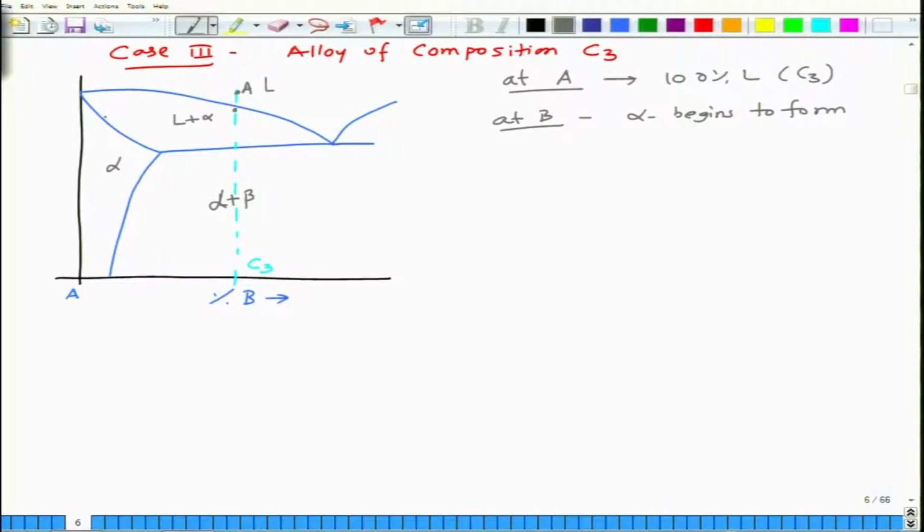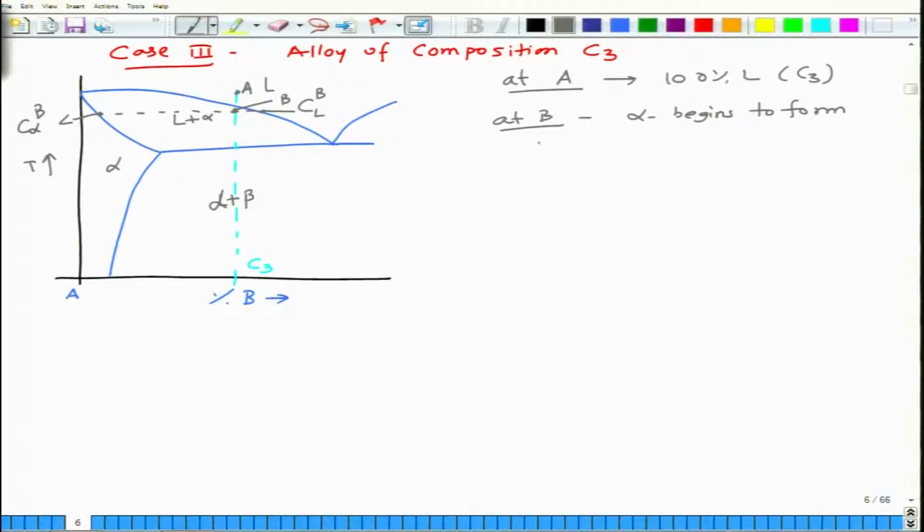So this is point B, the composition is C liquid B, this is liquid, and at this point is C alpha B. By the way, this is the temperature axis.